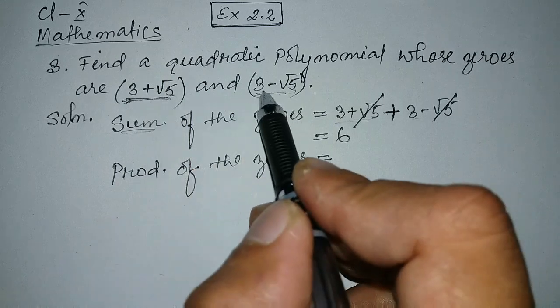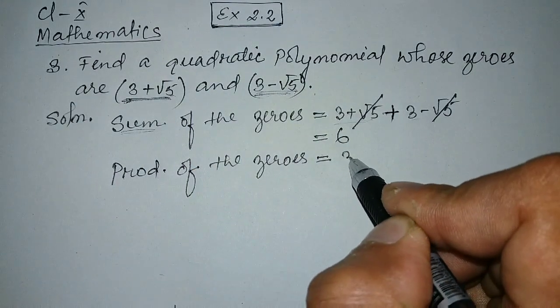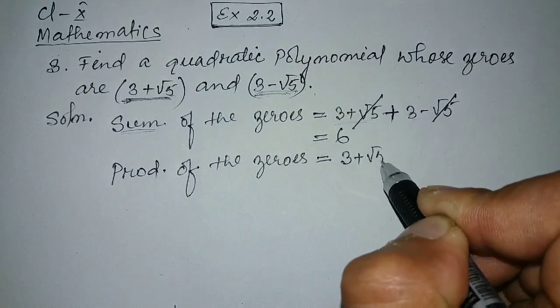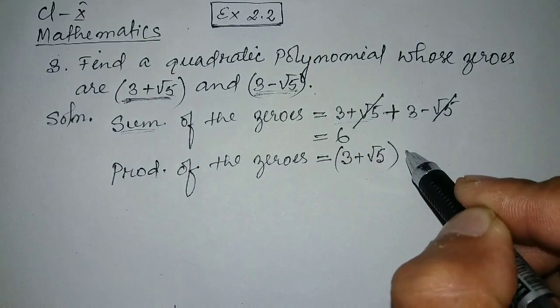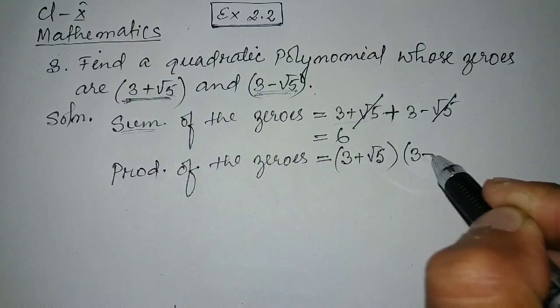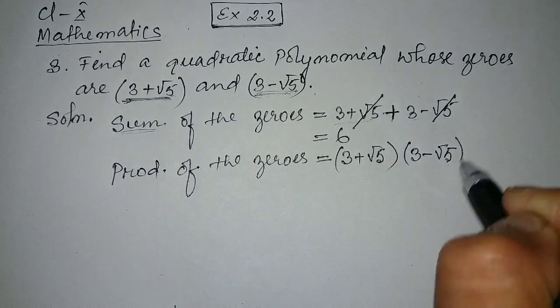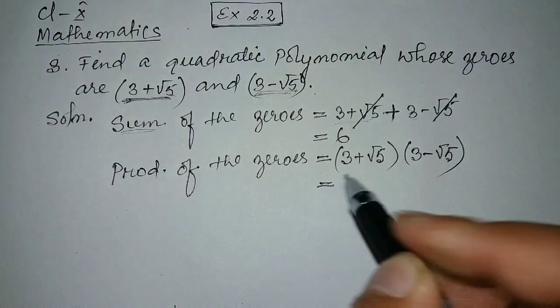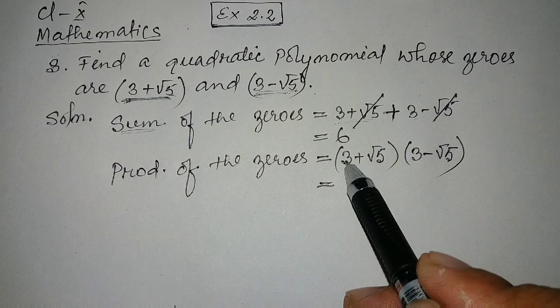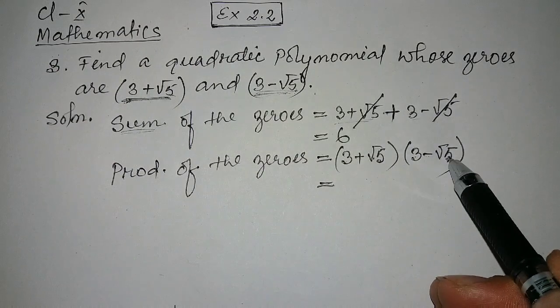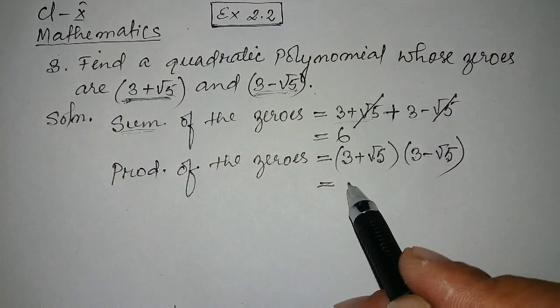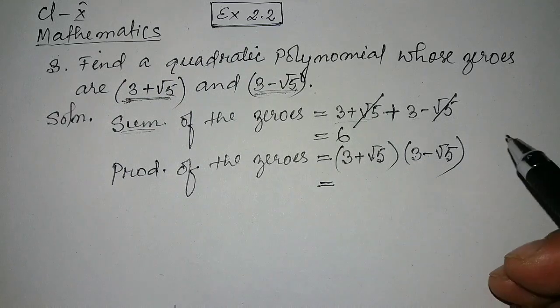we're going to multiply this and this. 3 plus root 5 into 3 minus root 5. And here, as you can see, this is in the form a plus b, a minus b. So here we're going to write a square minus b square.